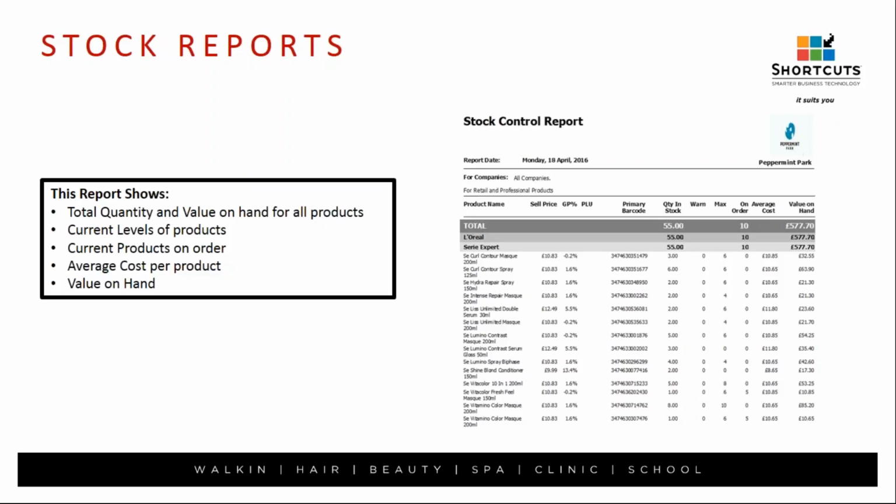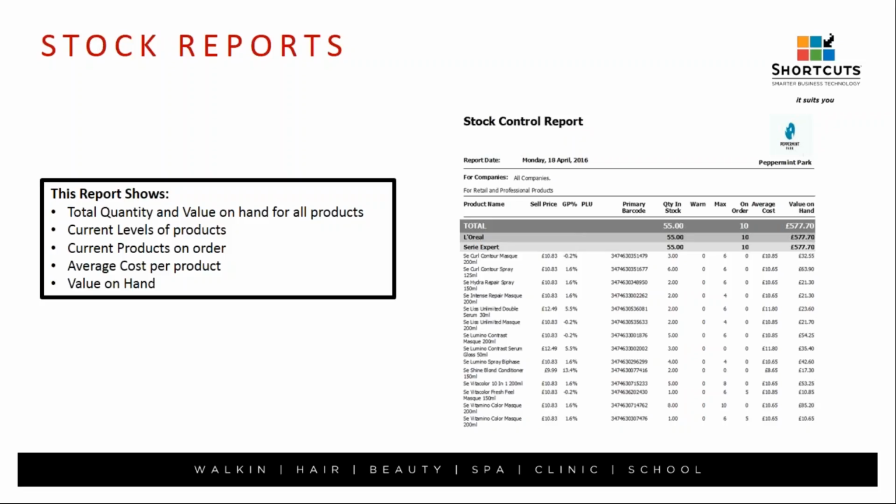The last one I'm going to show you is the stock control reports. This report shows total quantity and value on hand for all products, current levels of products, current products on order, average cost per product, and value on hand.